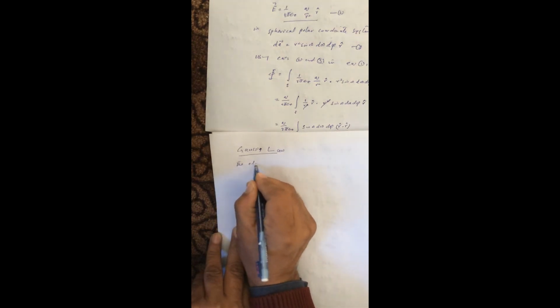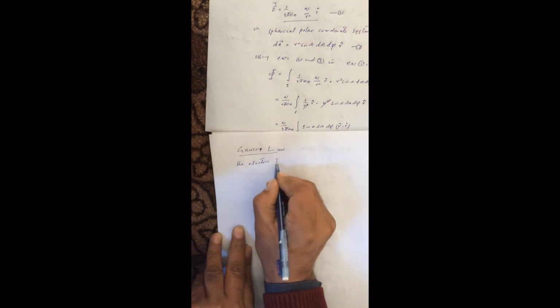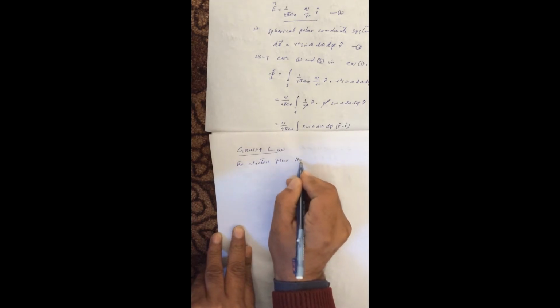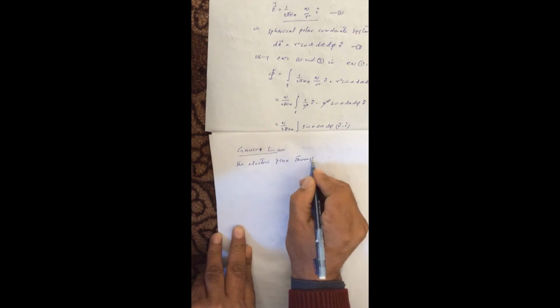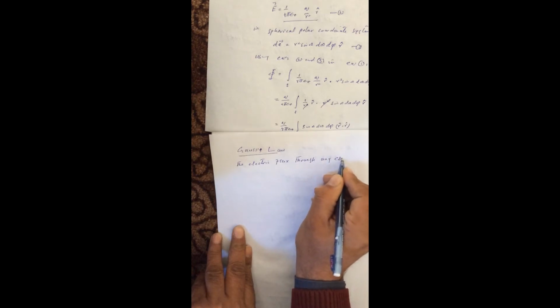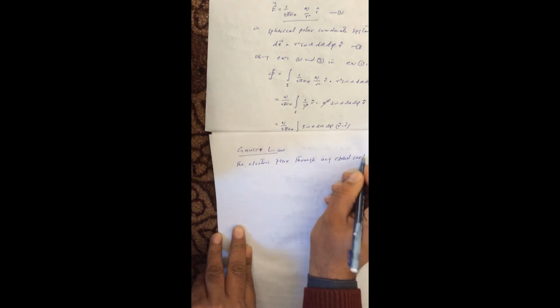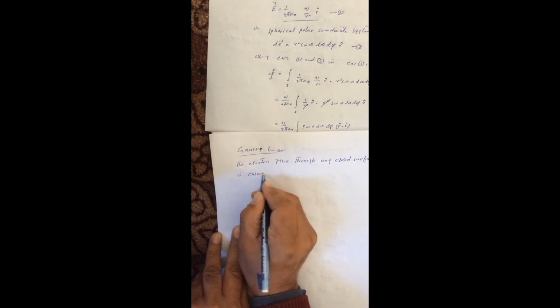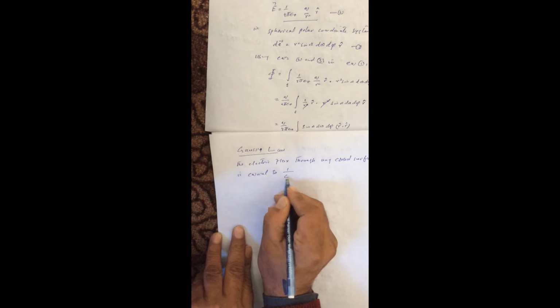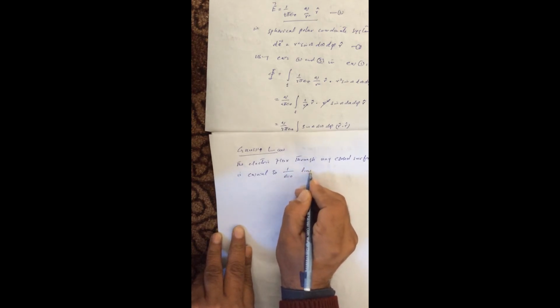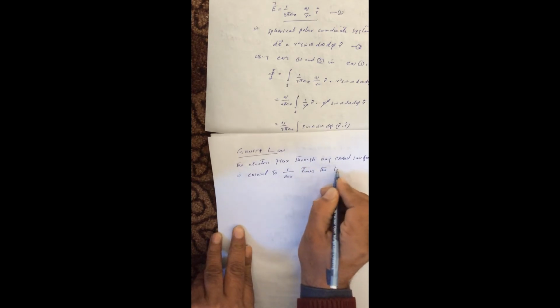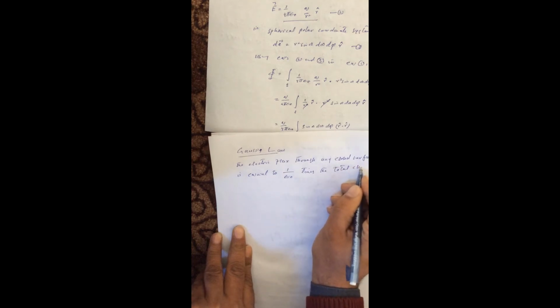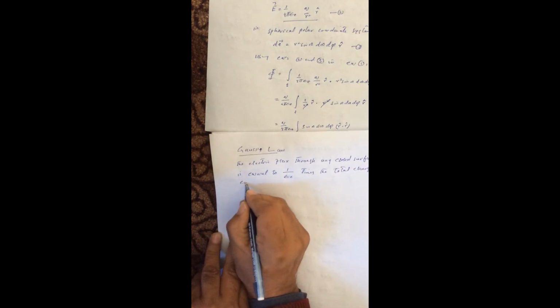This law tells us that the electric flux through any closed surface is equal to 1 over epsilon naught times the total charge enclosed by the closed surface.